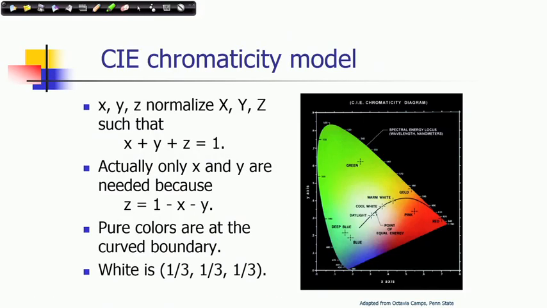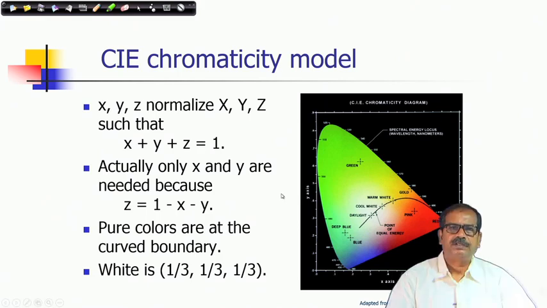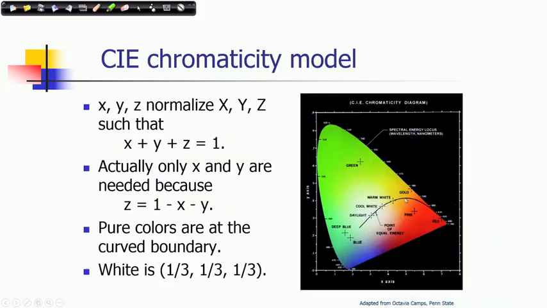To understand this representation, we follow a model we call the CIE chromaticity model. As I mentioned, it is a normalized x, y, z, and since the sum of them is equal to 1, it is sufficient to represent any point using x and y. In this model, you can see the pure colors are on the boundary.